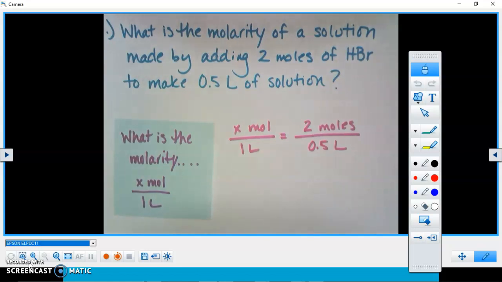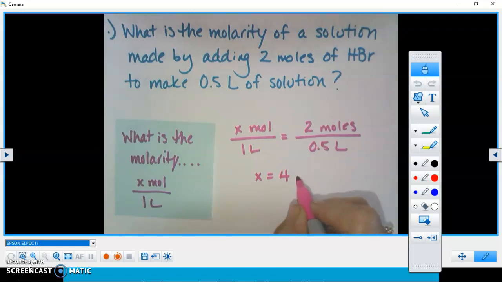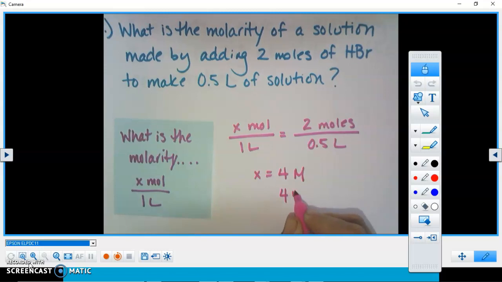To solve for X, you can think about this as cross multiplying, but either way, since we're solving for X over 1, you just need to take 2 divided by 0.5, and this would be a 4 molar solution. You can either write that as 4 capital M or 4 moles over liters, either way.